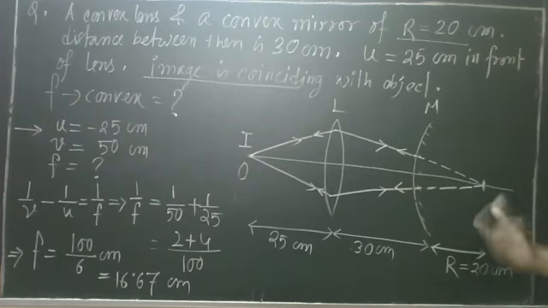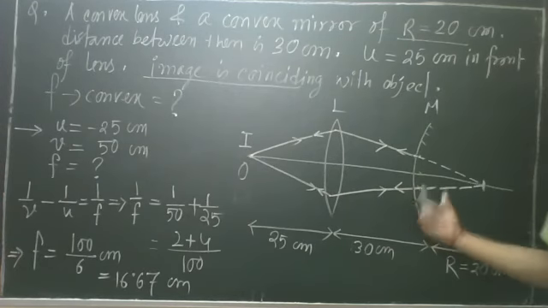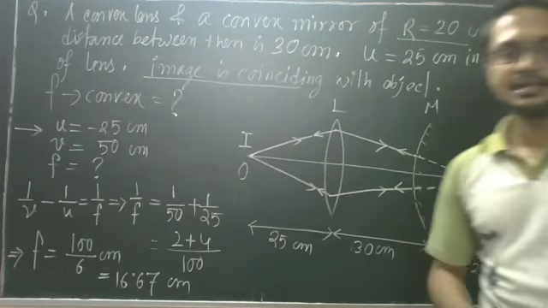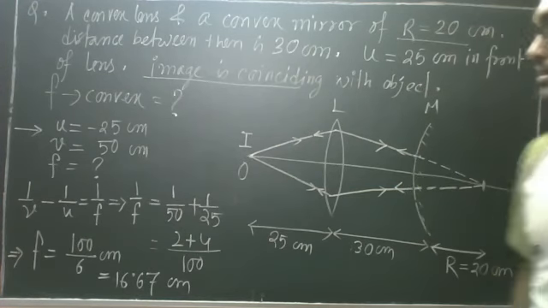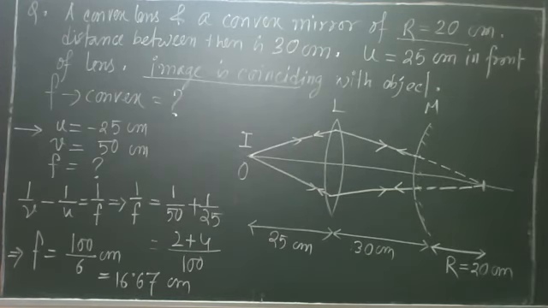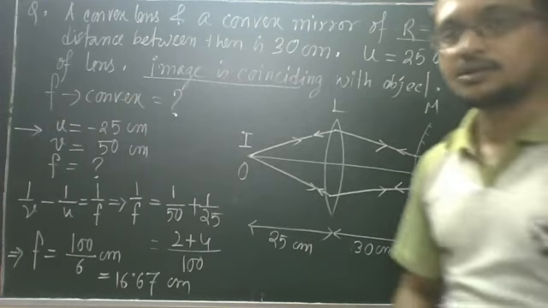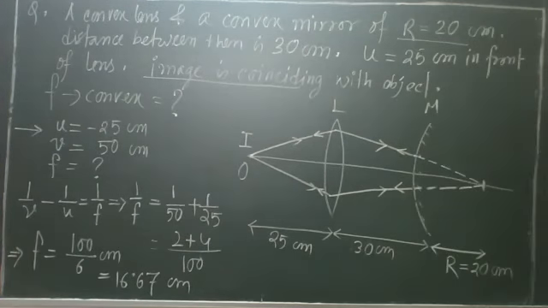So in this way you have to understand this type of numerical, lens mirror combinations. This type of numerical, where the image and the object coincide, is very important. If you don't understand, you can ask here, or you can watch this recording again so that you understand properly.